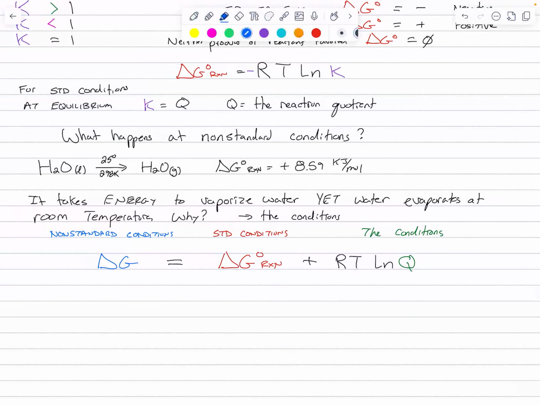Obviously T is a condition that changes, and Q is going to change. So delta G in blue here can change based on the conditions. The red one is fixed.